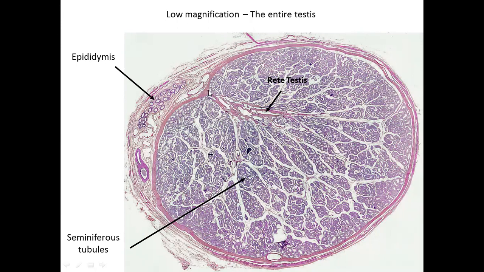And then from rete testis, there are ducts which go out into the epididymis. There will be efferent ductules, and then there will be ductus epididymis, and then from ductus epididymis, the duct which moves in the spermatic cord will be ductus deferens. So this is basically an overview.